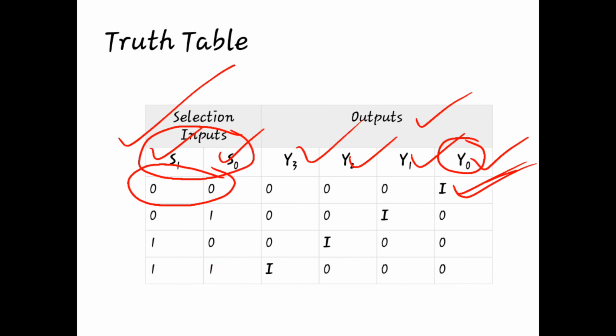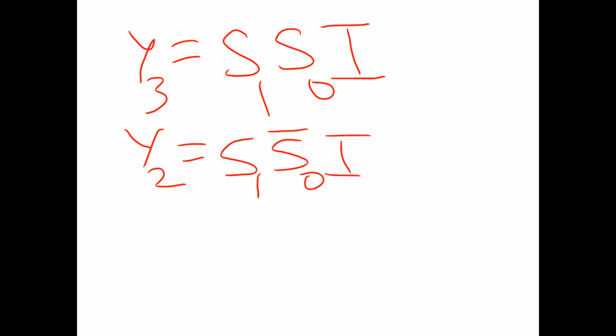You can see here, this is the Y2. So it is the case what we are talking about. You can see here in this row, S1 is already high and S0 is low. So this status is going to be written like this.